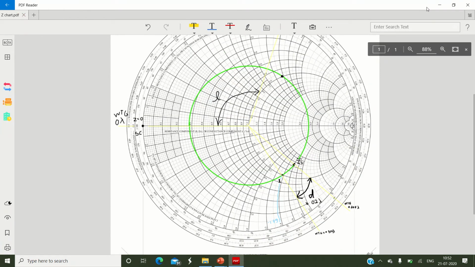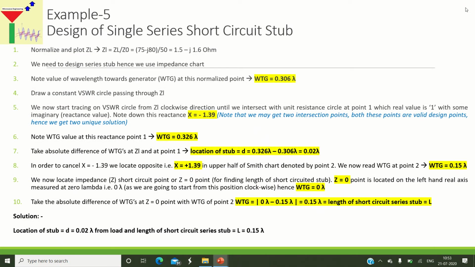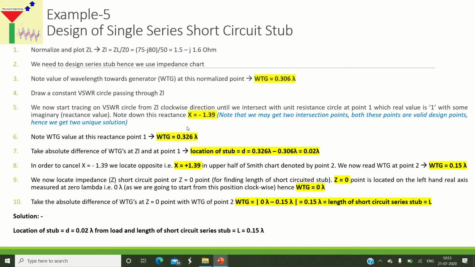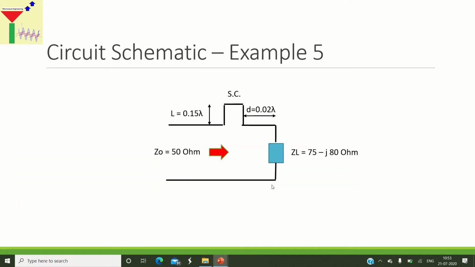So I will close this Smith chart now. The last step is to design a circuit. To do that, we need to come back to that configuration and repeat it here, and the circuit schematic for this example will look like this.